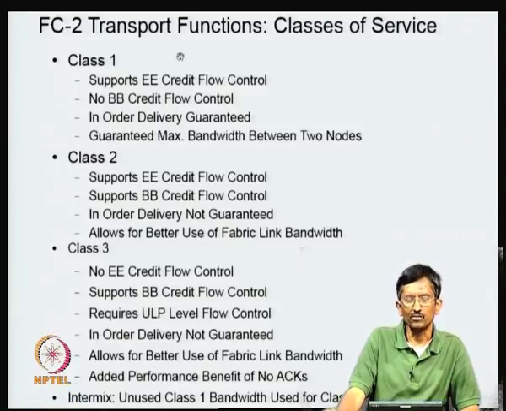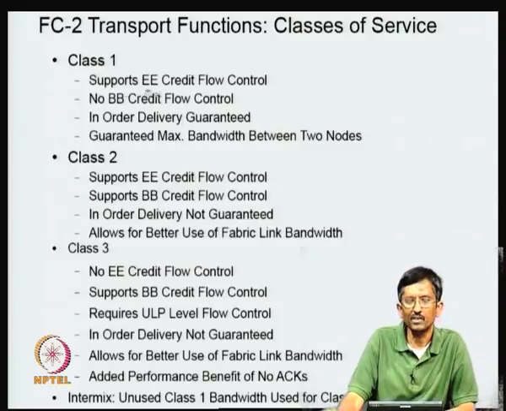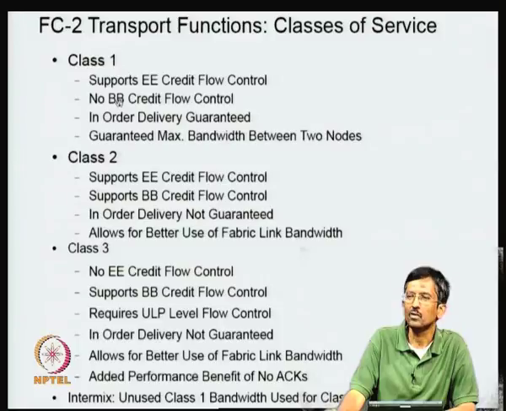So in class 1, as I mentioned earlier, it supports end to end credit flow control. There is no buffer to buffer credit flow control. In order delivery is guaranteed, as is guaranteed max bandwidth.